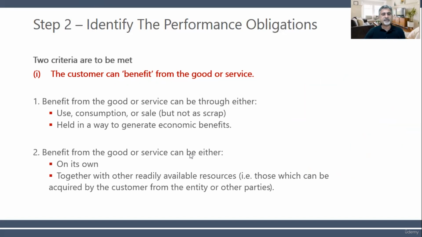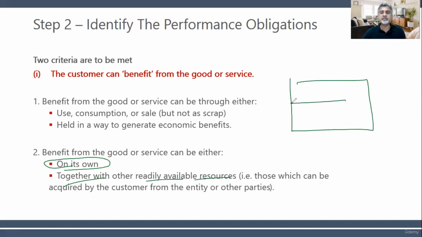And number two, the second condition, the benefit from the goods or services can be either on its own, or together with other readily available resources. Like if you see this thing, which I put, the wiring hole in the wall, it does not give benefit on its own, but it gives it together with other available resources.